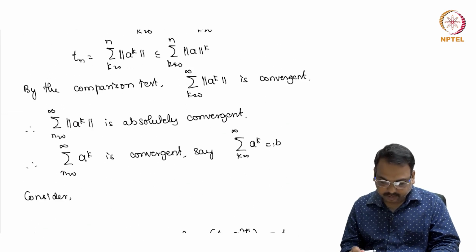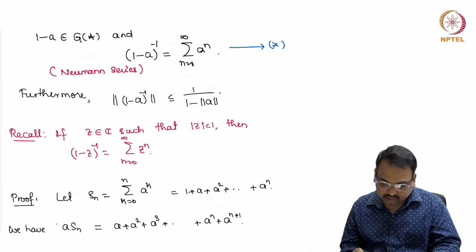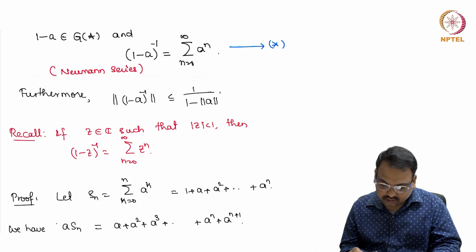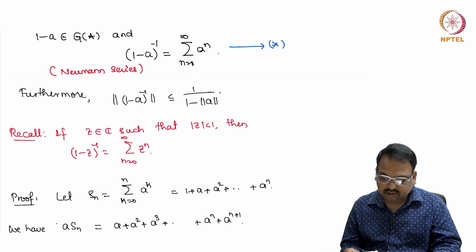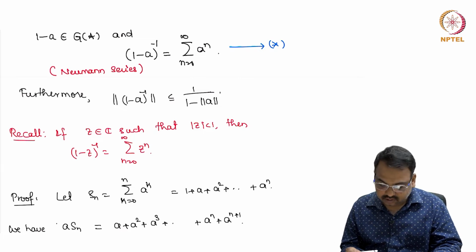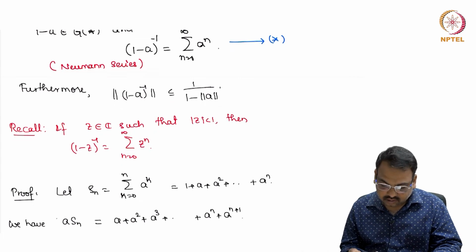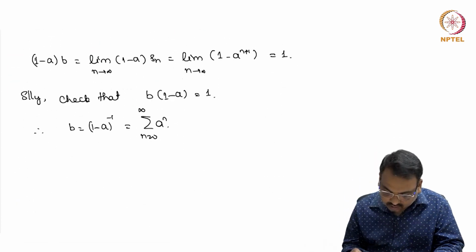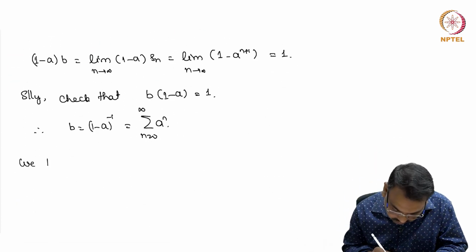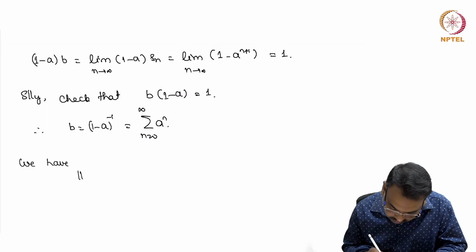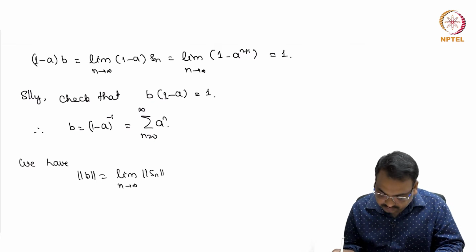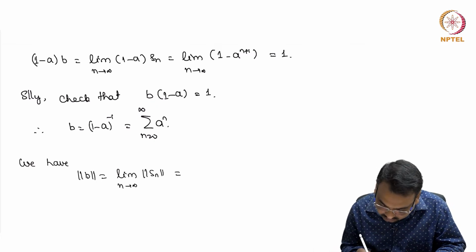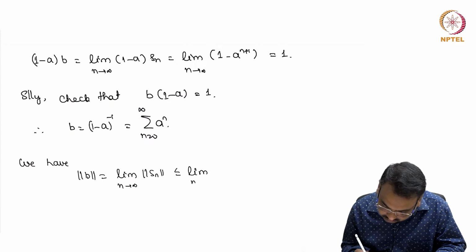Okay. So this is a proof of this result, and let us look at the bound for the norm of (1 minus a) inverse. We have norm of b is the limit of norm Sn as n goes to infinity, but this is less than or equal to the limit.